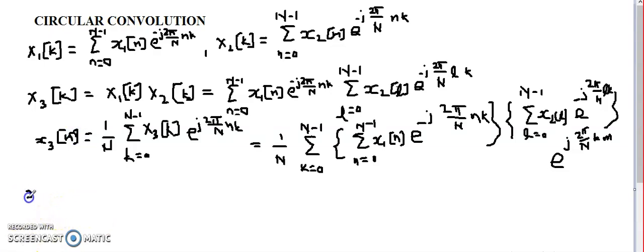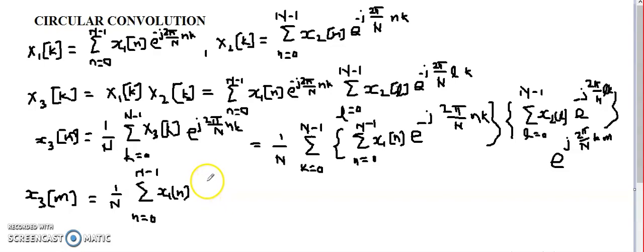If we write these together, then x3[m] can be written as 1 by N summation n changing 0 to N minus 1, x1[n], and then summation L changing 0 to N minus 1, x2[L], summation k changing 0 to N minus 1, e raised to power.